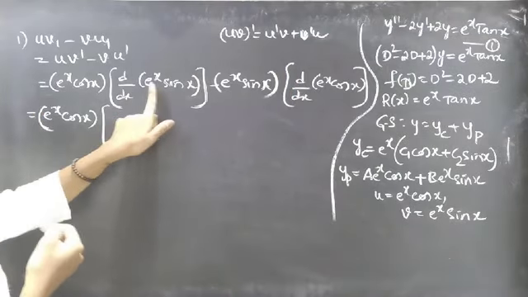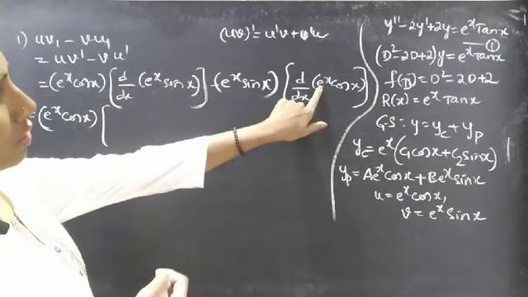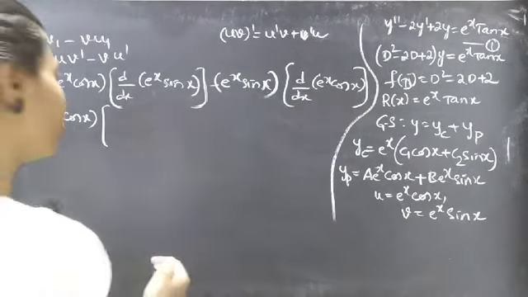Consider e power x as u and sin x as v, e power x as u and cos x as v here.